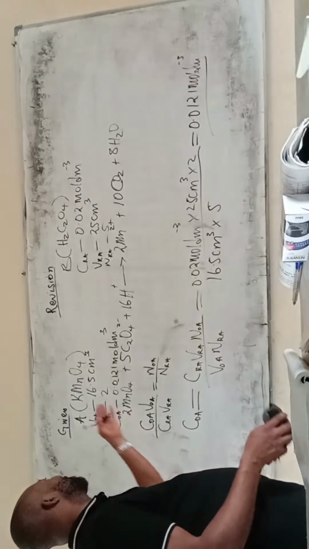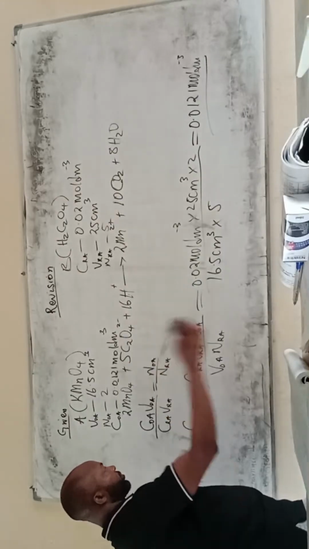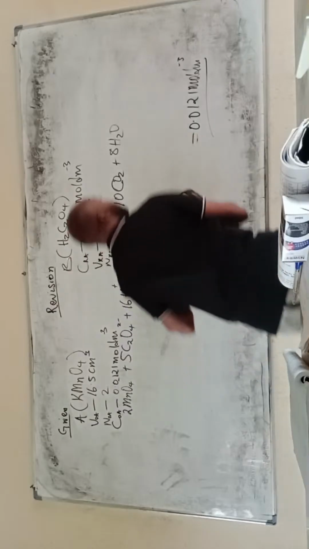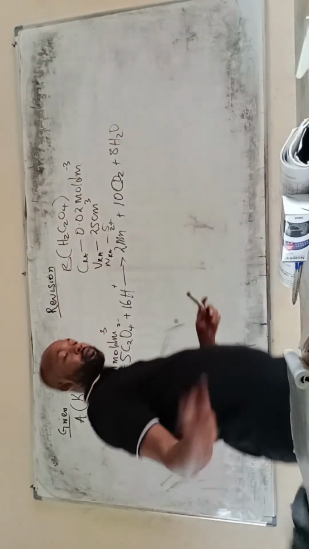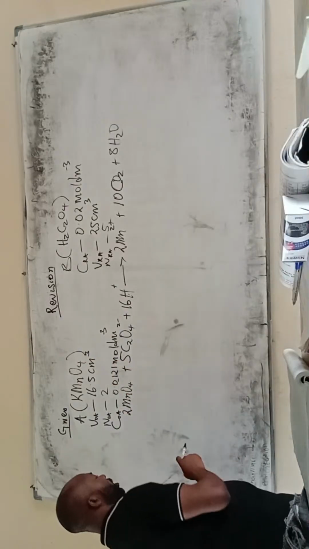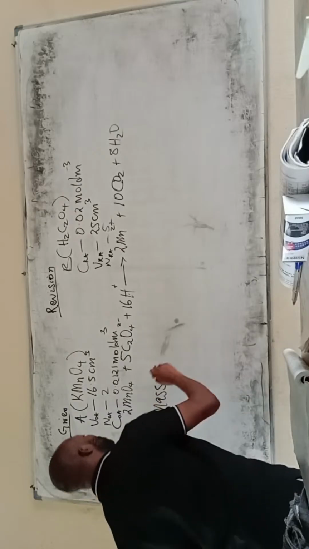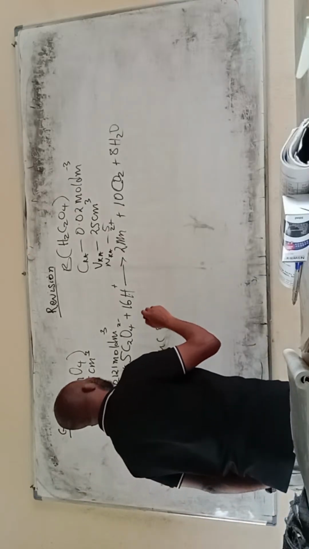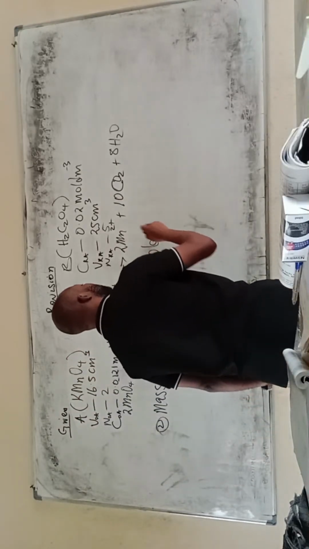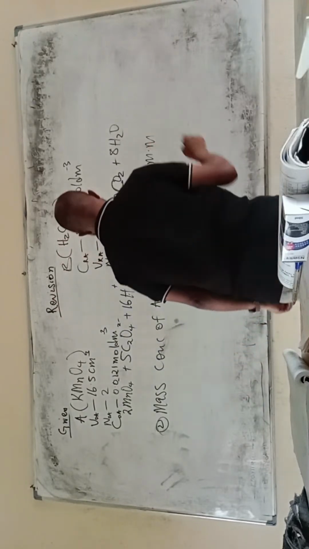So we want to calculate the mass concentration of the oxidizing agent, KMnO4. Mass concentration of A is molar concentration of A times relative molecular mass.